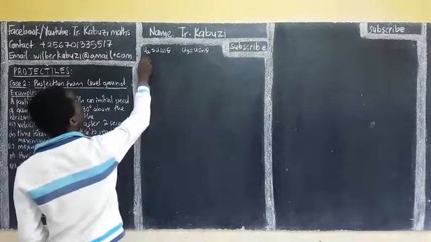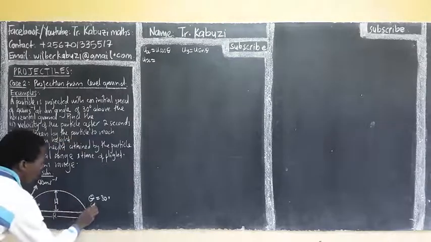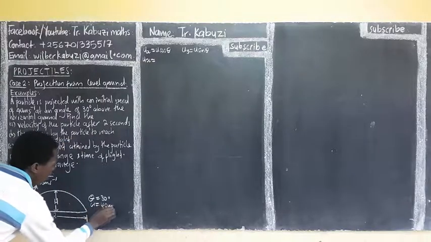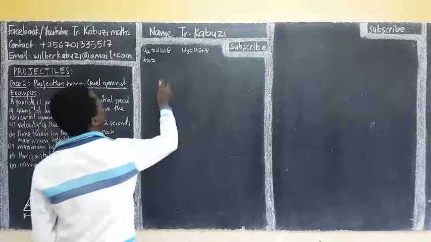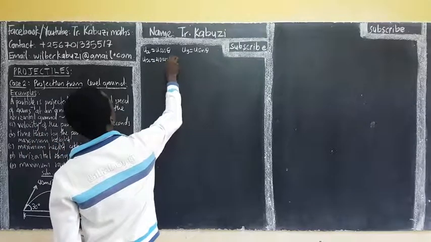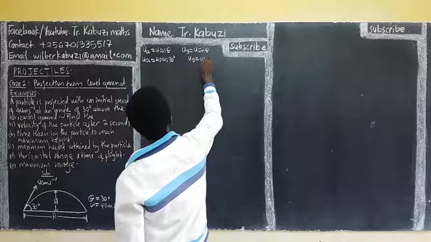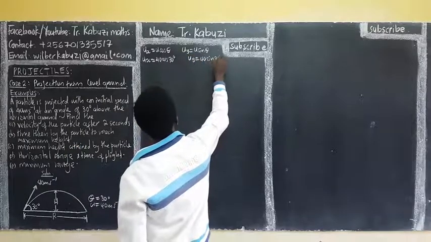Our u is 40 meters per second. So ux is 40 cos 30 degrees, and uy is 40 sin 30 degrees.